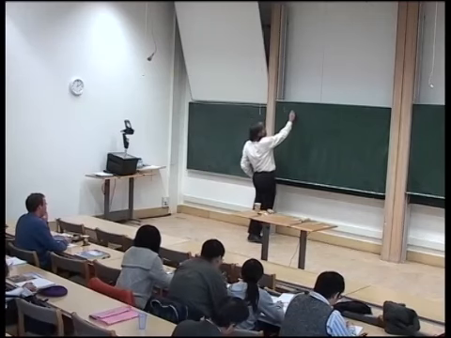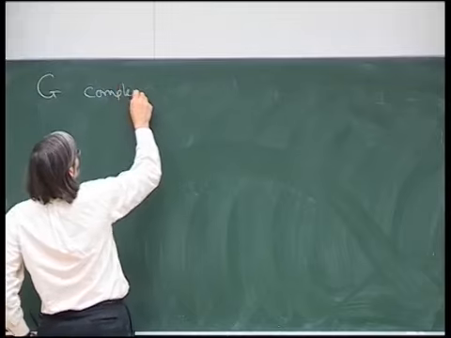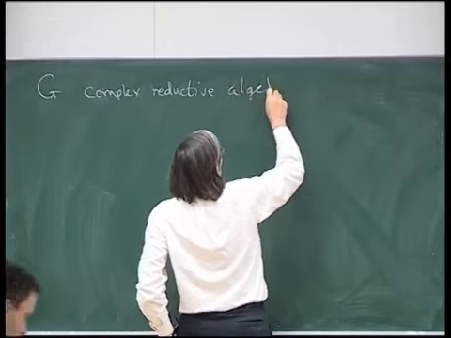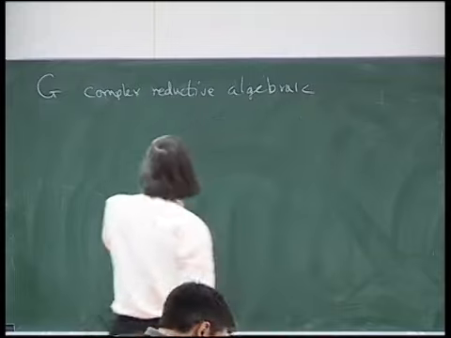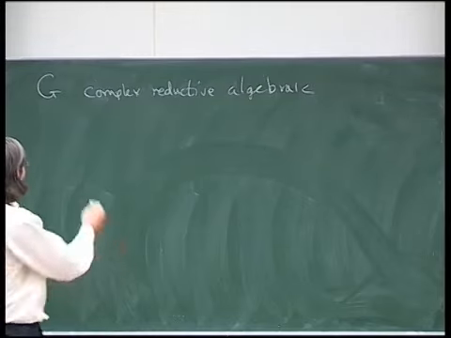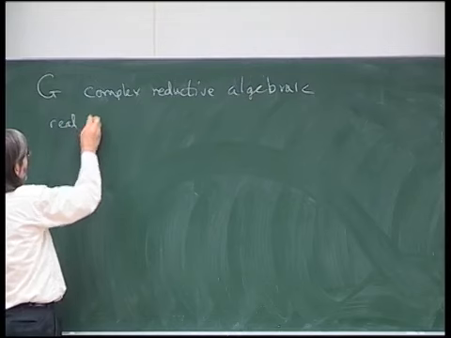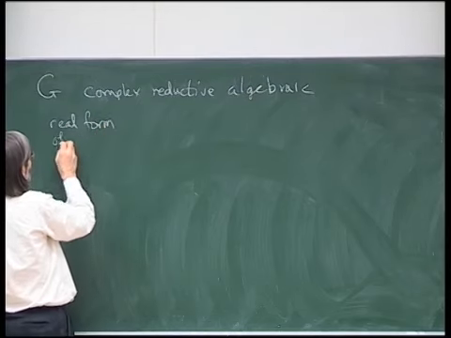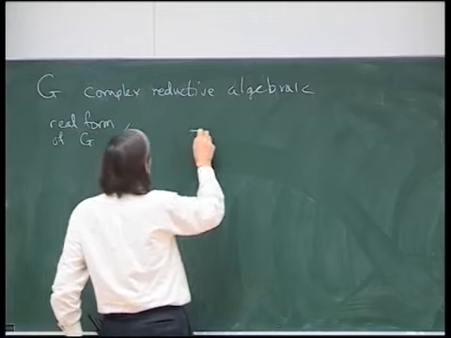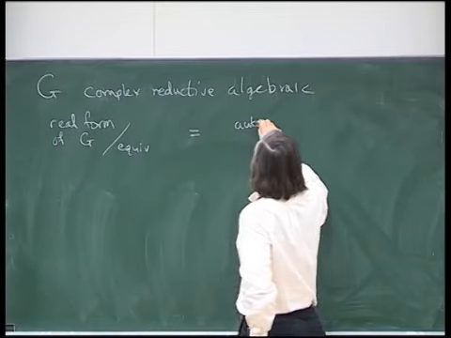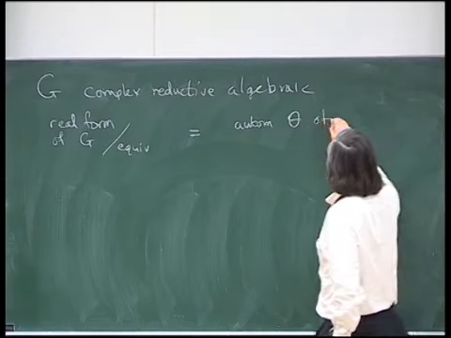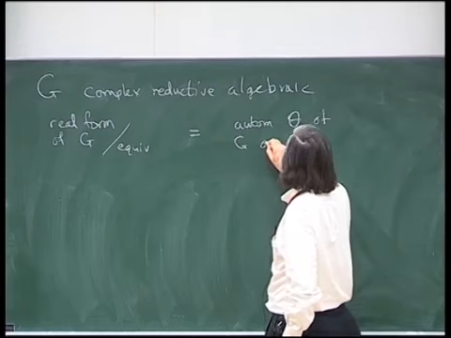So if I have G as a complex reductive algebraic group, then I said that a real form of G up to equivalence was the same thing as an automorphism, let me call it theta, of G of order 2.